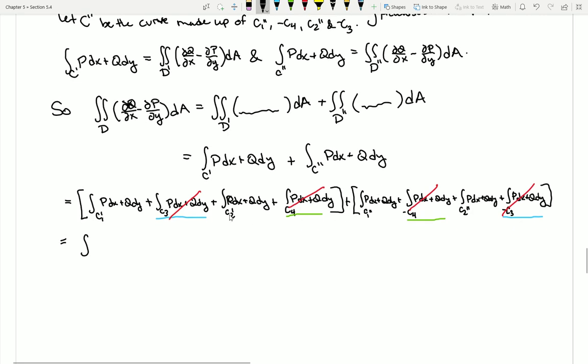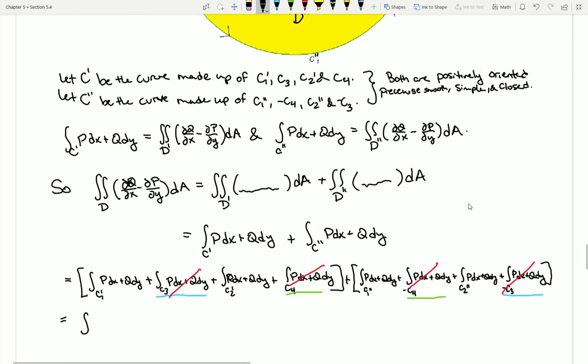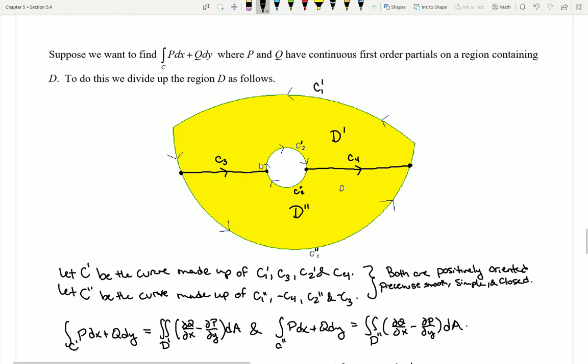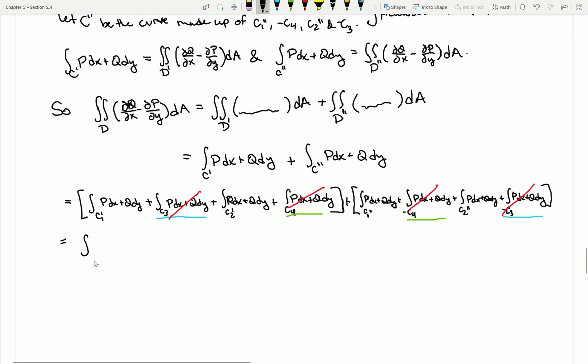Similarly, if I move across C2 prime and C2 double prime, that's just the curve C2. So ultimately, this turns back into the integral of P dx plus Q dy along C1 plus the integral along C2 of P dx plus Q dy, and all of that is really just the same as the curve C.